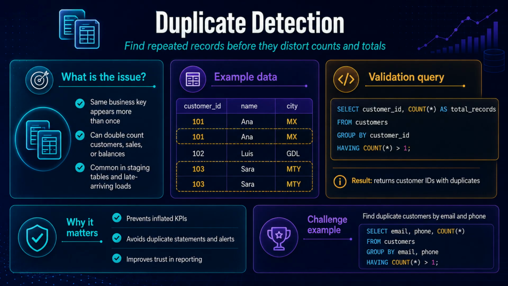In that case, we group by email and phone, and then apply the same condition: HAVING COUNT(*) > 1. This is one of the simplest, most practical, and most powerful data quality checks in SQL. It helps protect reports from inflated numbers and gives the data team an early warning before bad data reaches business users.